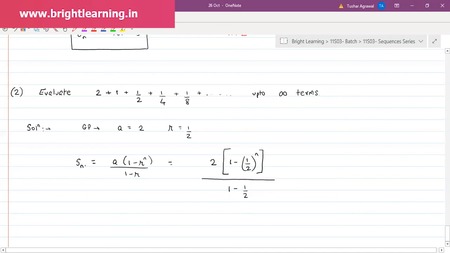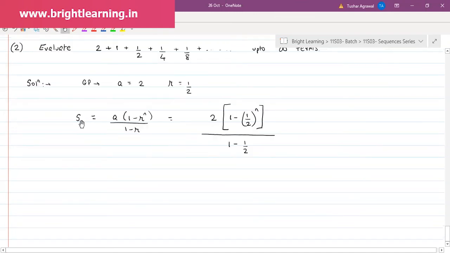This is the sum of n terms. Now here he is asking to go on adding up to infinite terms. So the answer is the limit when n tends to infinity. We have the chapter limit separately, but this formula we have in this sequence chapter only.